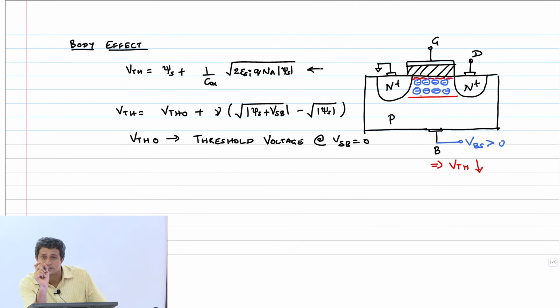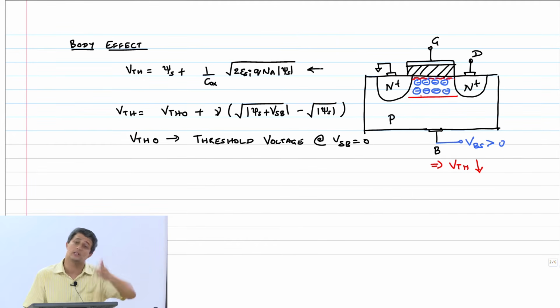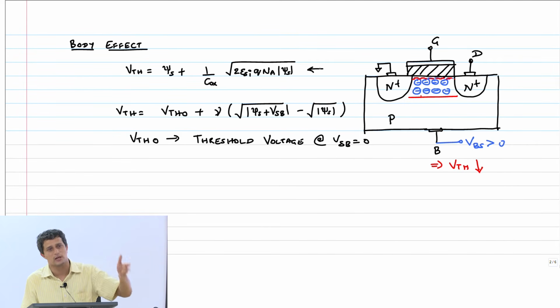It is very, very specific to what it has been fit to. So you make measurements on the transistor for certain lengths, certain widths and all that, and then you can guarantee that this is the best fit for these particular parameters. But if you change it arbitrarily and apply a very large width or a very small width, then there is no guarantee that the model will work. This is the flip side of an empirical model. It simplifies the equation but does not guarantee scalability into all regimes of operation.